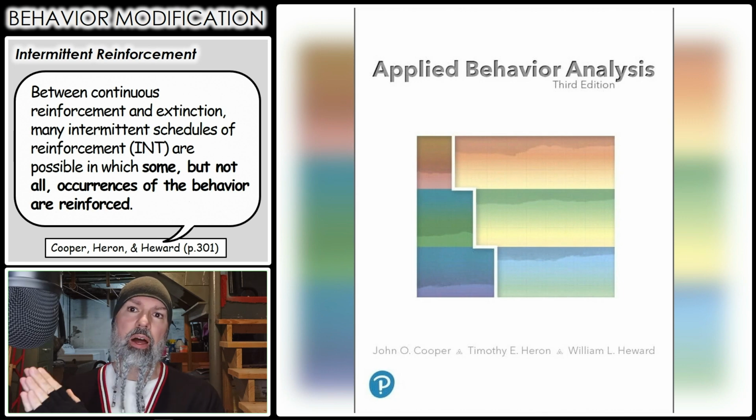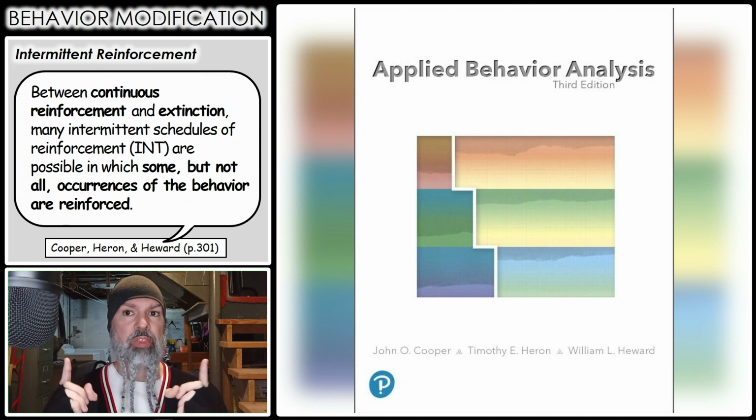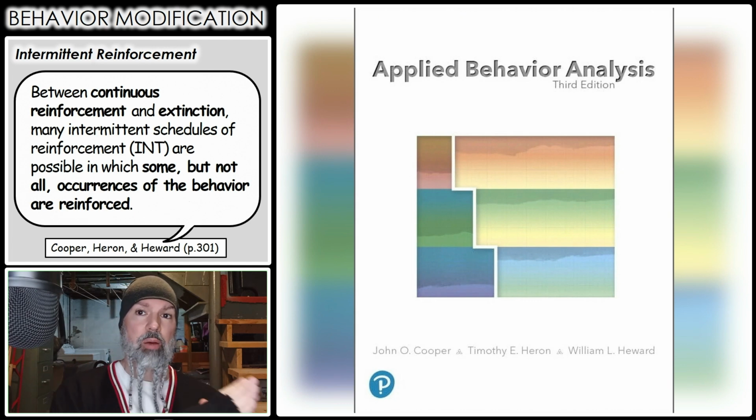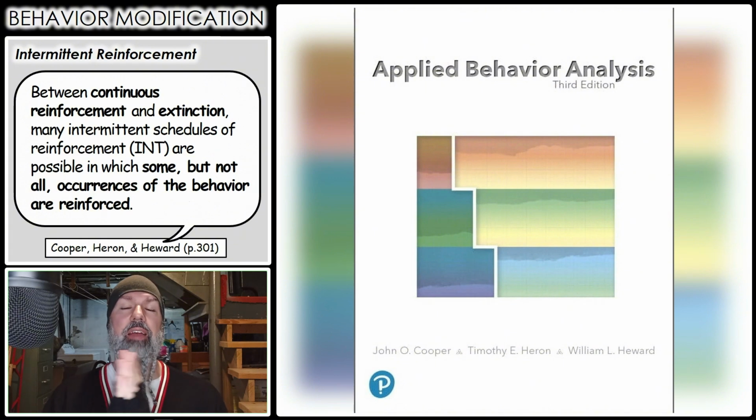And this can be thought of as falling on a continuum between continuous reinforcement, where every single instance of the behavior is reinforced, all the way to extinction, where no instance of the behavior is reinforced. Somewhere in between there, you have intermittent reinforcement, and there are a wide variety of different types of intermittent reinforcement.